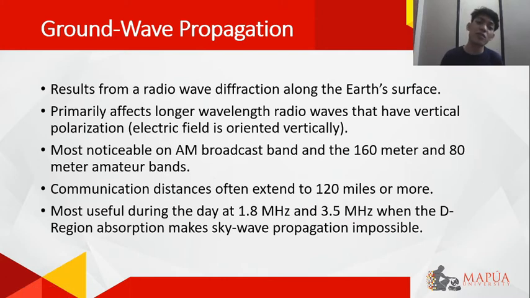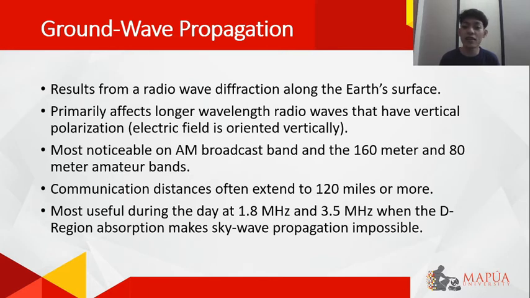Groundwave propagation results from radio wave diffraction along the Earth's surface. Primarily, it affects longer wavelength radio waves that have vertical polarization, in which the electric field is oriented vertically. Most noticeable on the AM broadcast band and the 160-meter and 80-meter amateur bands.